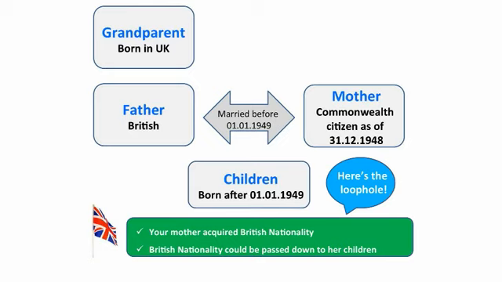She could be South African, Canadian, Australian, or indeed any of the other Commonwealth countries. And the man's father was born in the UK. The children of that mother, born after 1949, will be able to establish a right to UK nationality through formal application.